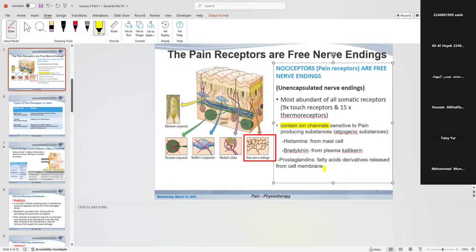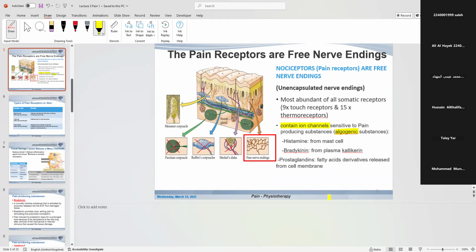These substances which can open the ion channels in pain receptors are called algogenic substances. Algogenic. Okay. So we sometimes ask you about algogenic, so you should understand the name.